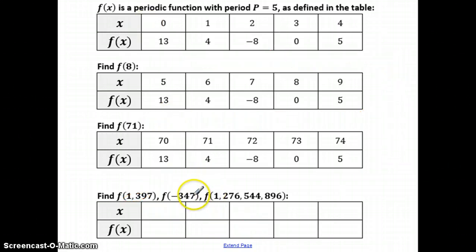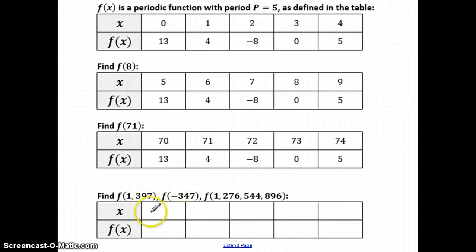How about f of -347? We might have to think about that a second, but I think the same thing is going to apply. If we go backward from 0 and subtract 5, we would start our table at -5. And we could start our table at -10, -15, and so forth.